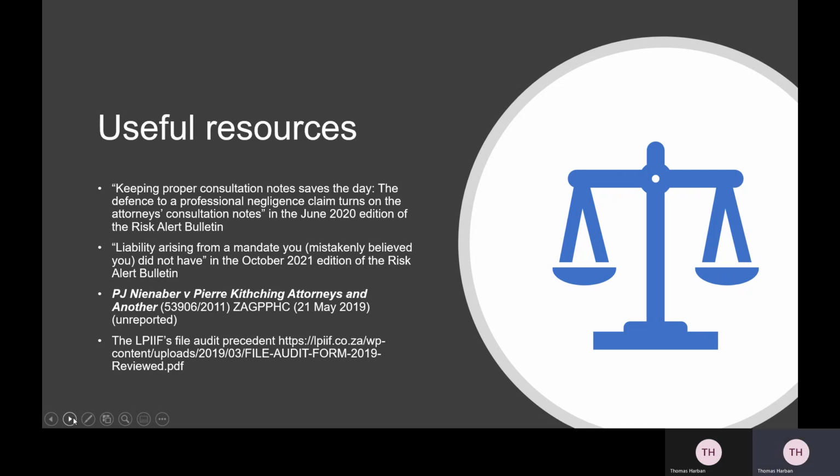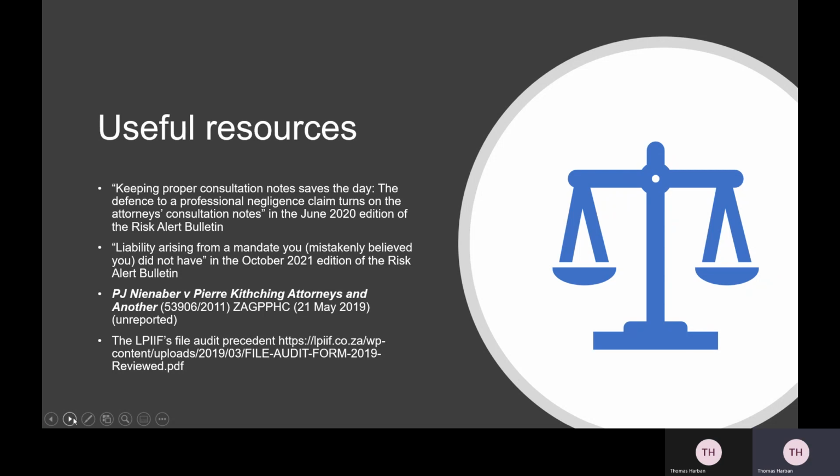That came out just before the matter went to trial, and when we traced and found the associate, who has now left legal practice, and spoke to him, he confirmed that he was running the matter.